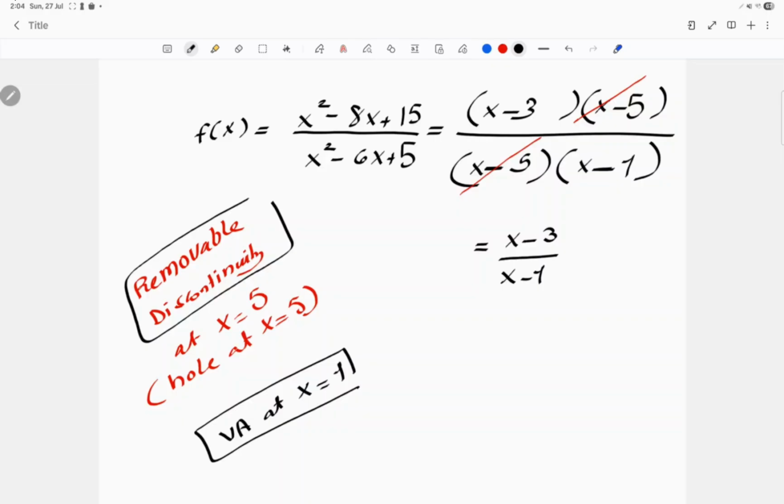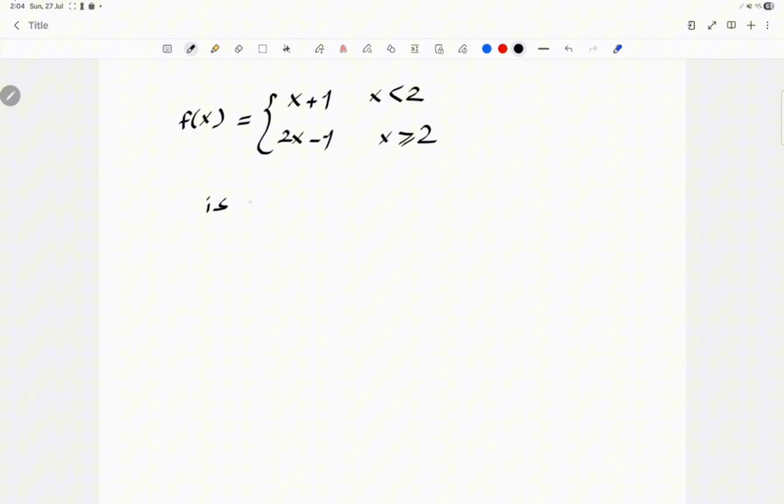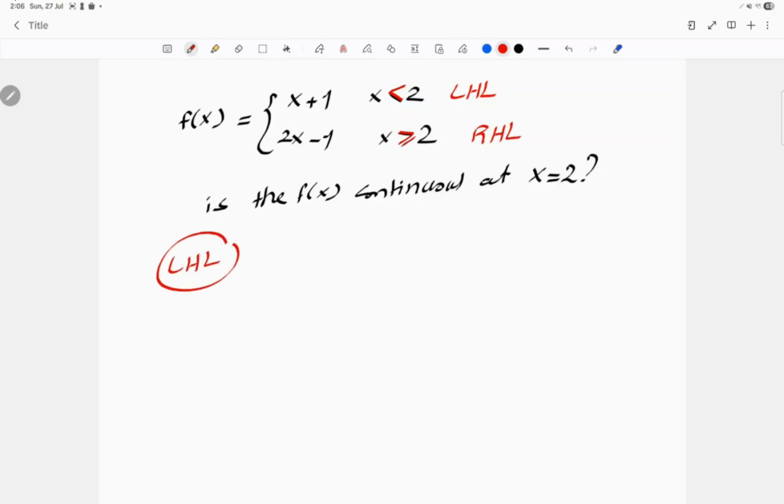Okay. Let's do more. So on this question, is the function continuous at x equals 2? If it's less than, left hand; bigger than, right hand. Left hand limit, x plus 1, and instead of x, put 2.